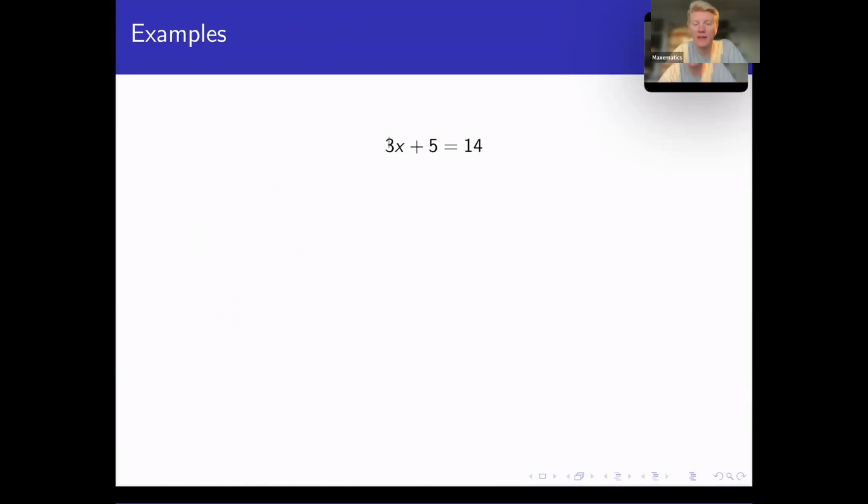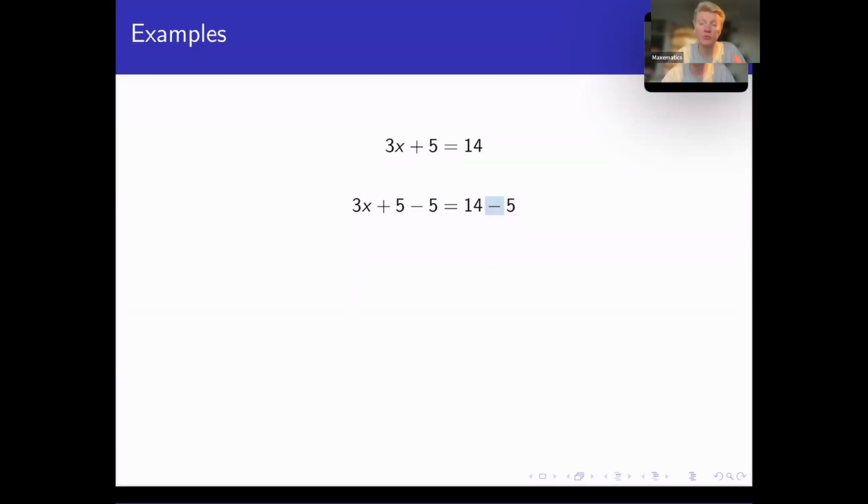So if we have 3x plus 5 equals 14, what we can do to both sides is subtract 5. If we have plus 5, we can get rid of plus 5 by subtracting 5. But like we saw a lot in chapter P, we can't just subtract 5 on one side. We need to subtract 5 on both sides. If we apply minus 5 to both sides, as long as we stay consistent, we don't change the problem at all.